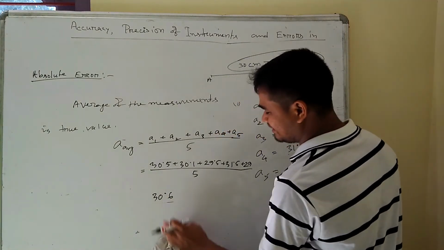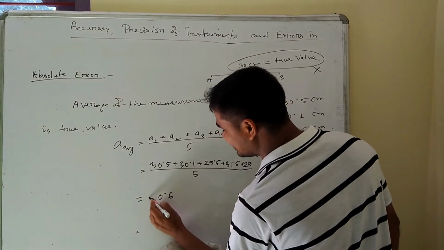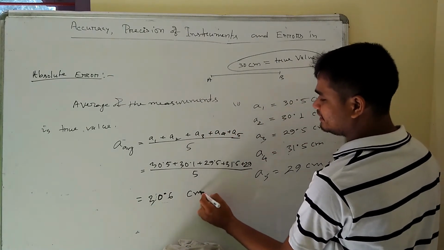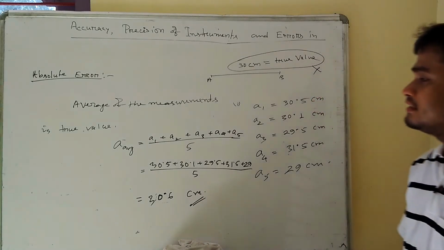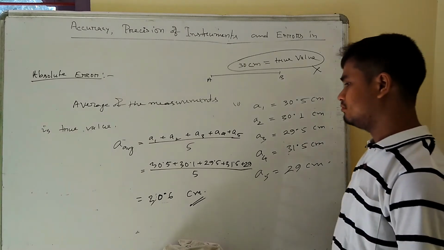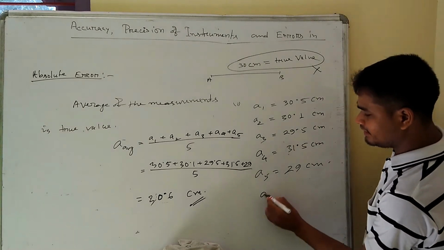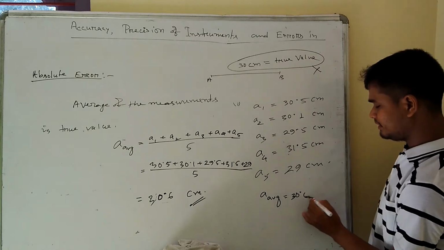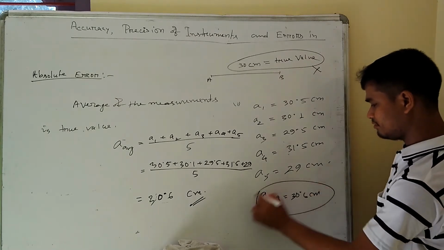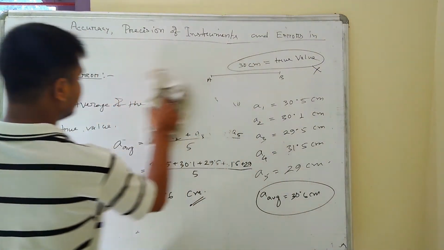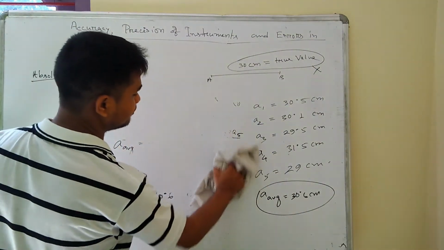Sorry. Okay, this value is 30.6 centimeter, the average value. Clear? Now what is A average? A average is 30.6 centimeter. Clear? Now we are going to measure absolute error.